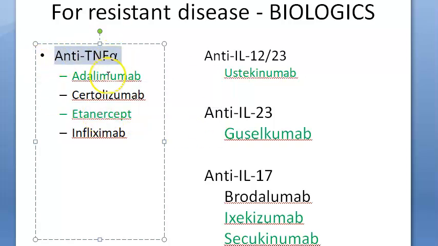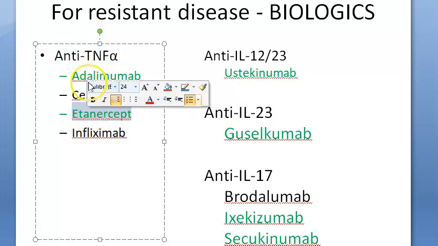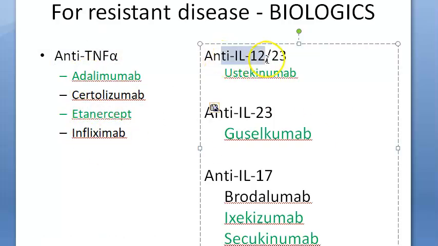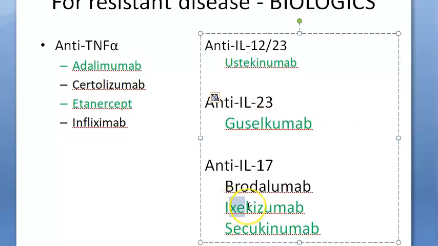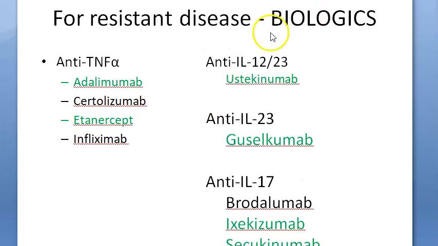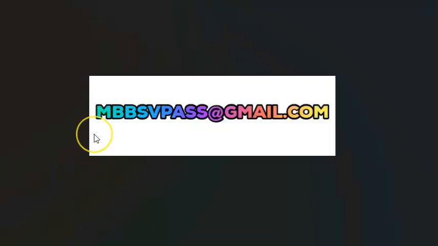So anti-TNF alpha: adalimumab, etanercept, infliximab; anti-interleukin: ustekinumab, then guselkumab, okay, and then another two crazy names here, ixekizumab, secukinumab. Okay. So these names you have to try to remember and write in the exam. So this is the systemic therapy, guys.